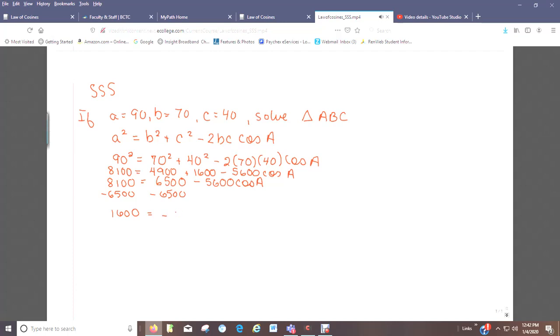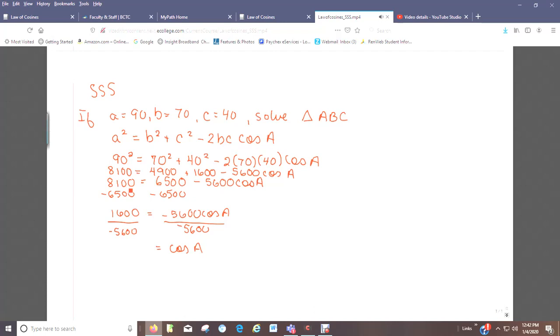And then I still have negative 5600 cosine of A. I'm going to divide the negative 5600 out, and I get cosine of A equals whatever this is when I divide it out.